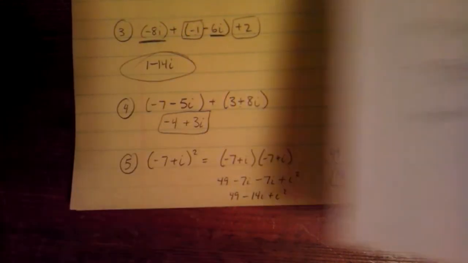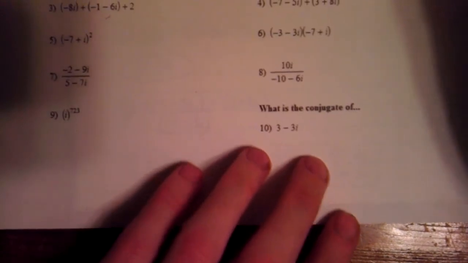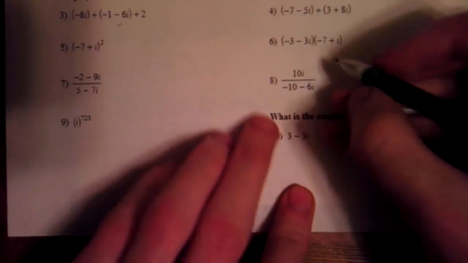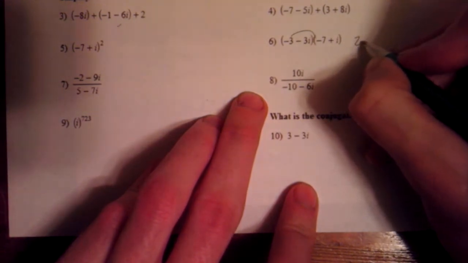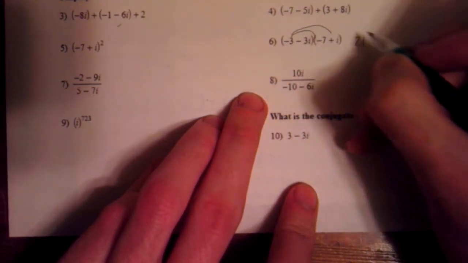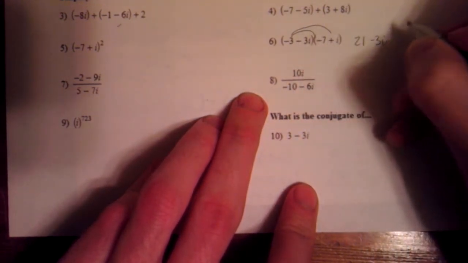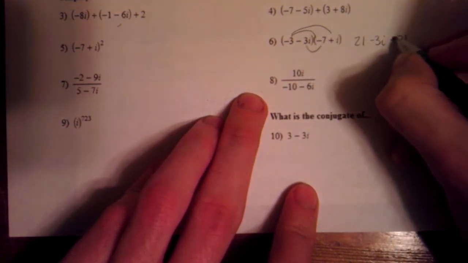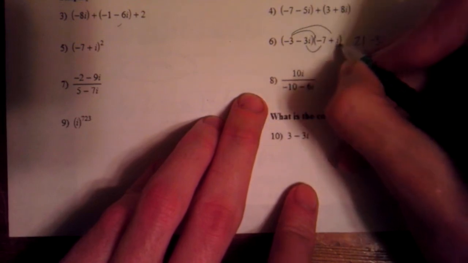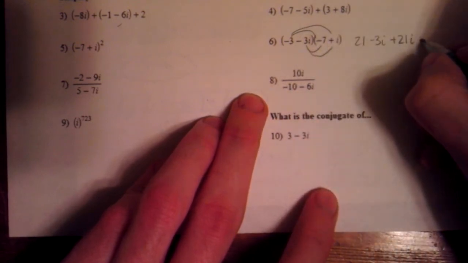Okay, rather than waste another whole sheet of paper, I'm just going to finish up these on the actual paper itself. So again, distributing here, -3 and -7 is 21. -3 and i, -3i and -7, and then -3i and i.